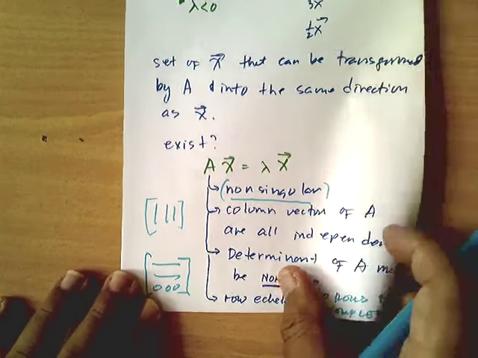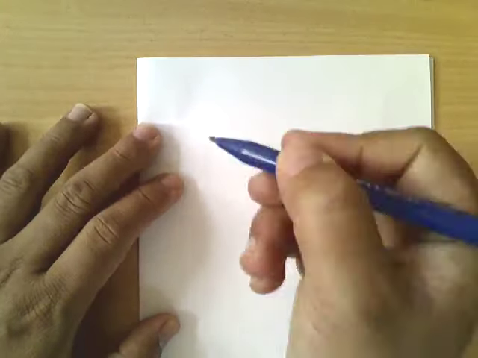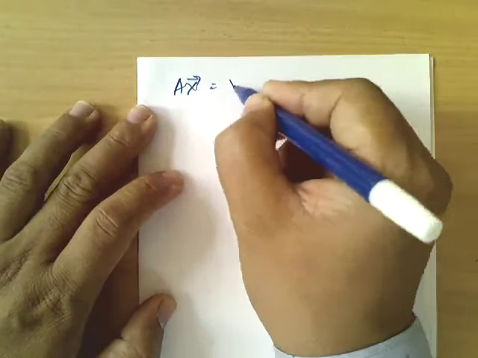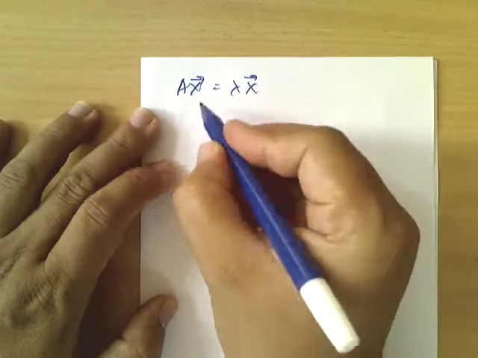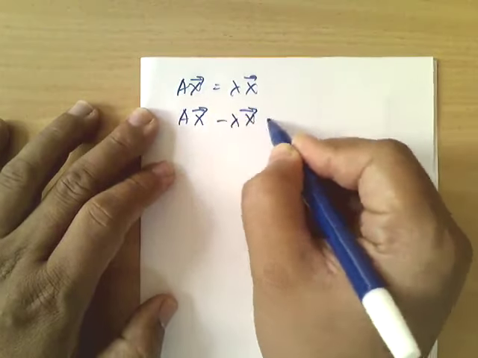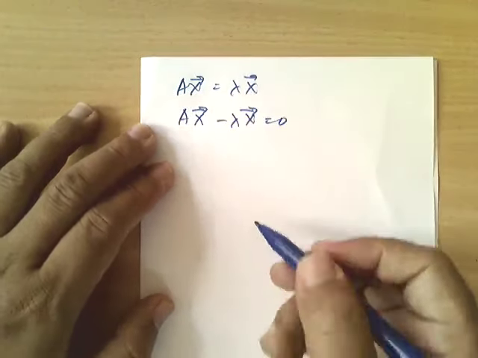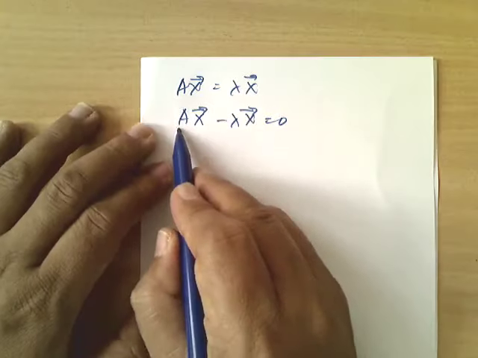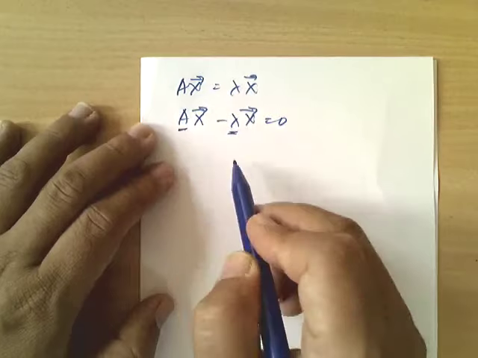Now let's proceed on how to solve it. You have Ax is equal to lambda of your vector x. So you have Ax minus lambda x is equal to 0. However, you cannot subtract these because this is a matrix while this one is a real number.